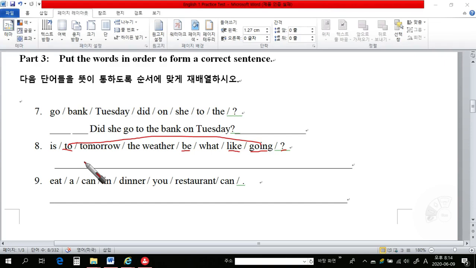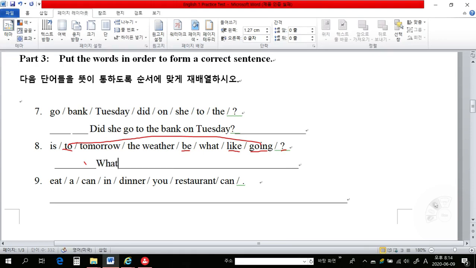The subject of the sentence appears to be the weather, and it looks like we've got an interrogative here. So I'm going to go out on a limb and say that the first word is going to be what.